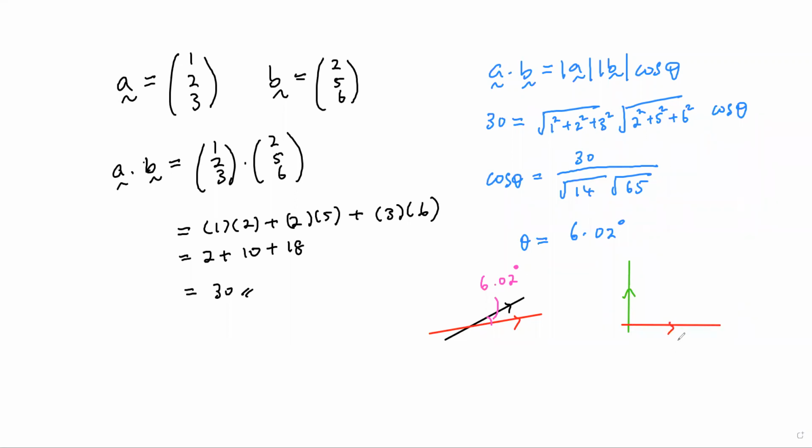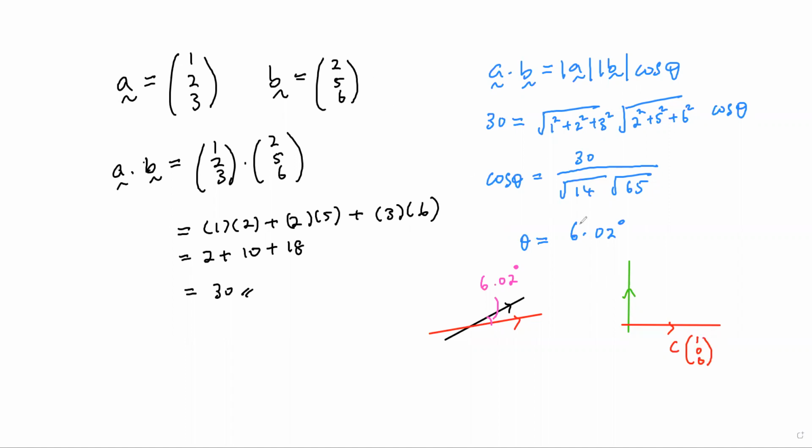Let's say this vector is C, and it is 1, 0, 0.